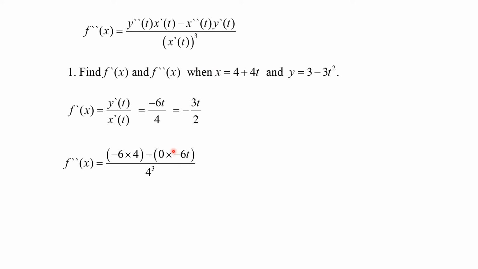So x double prime is 0 here, multiplied by y prime, which is negative 60. So this part will be 0. Then your answer is over 4 cubed. 4 is obtained from the first derivative just now. Substitute x prime is 4, so 4 cubed. And your answer can be reduced further to negative 3 over 8.